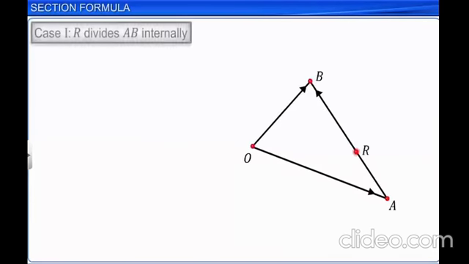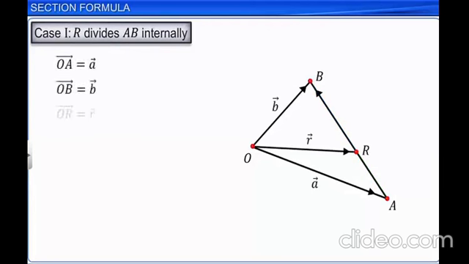First, let us consider the case where point R divides line segment AB internally. Let vectors A, B and R represent position vectors OA, OB, and OR for points A, B and R, respectively.